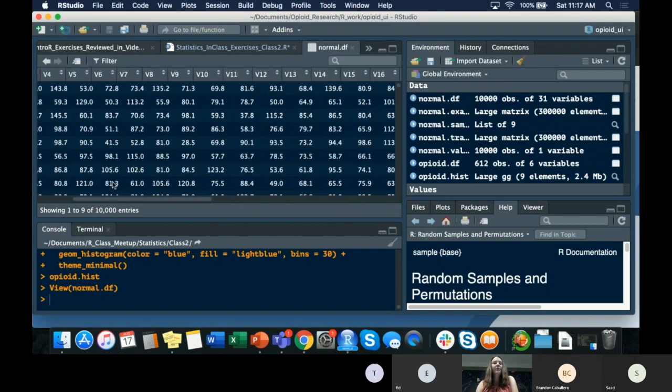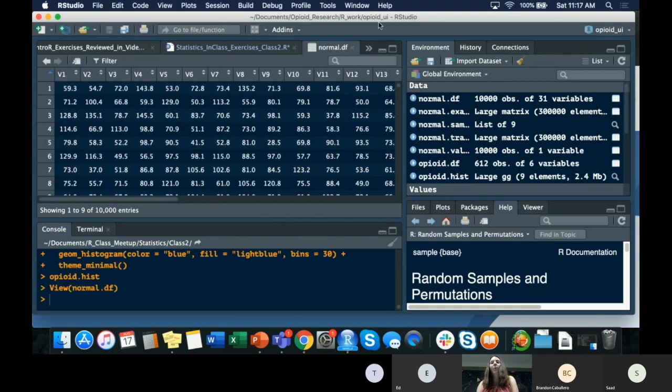If I scrolled the whole way down, you would see that there are 10,000 rows. The way you know that is over here, this is called normal.df, and it has 10,000 observations of 31 variables, and it includes the mean. There are also functions to output that information, but you can see it there as well.